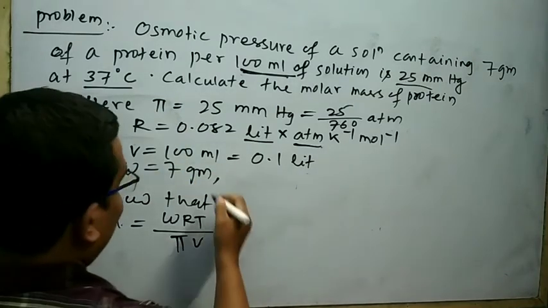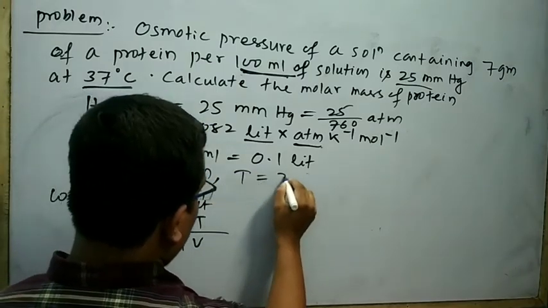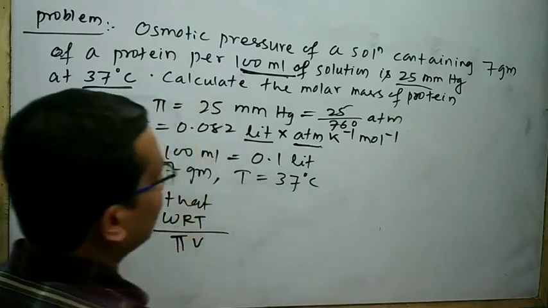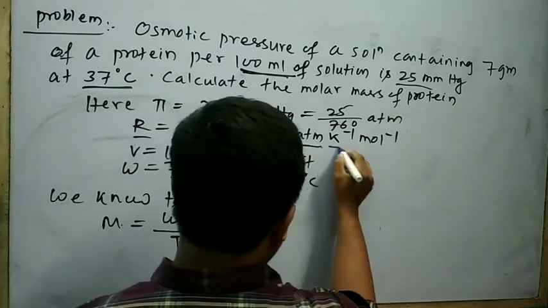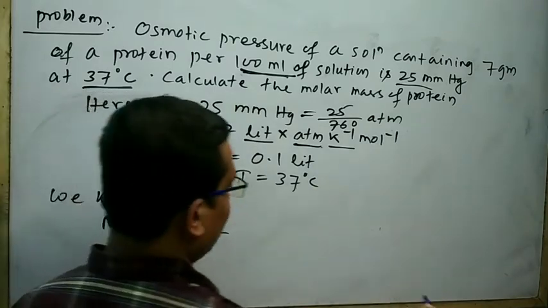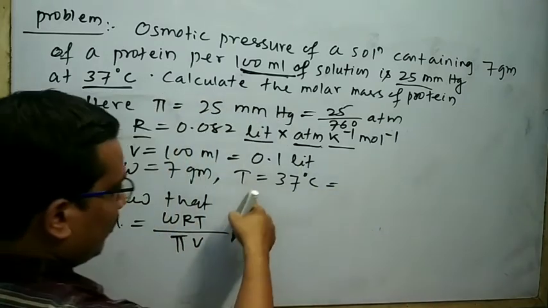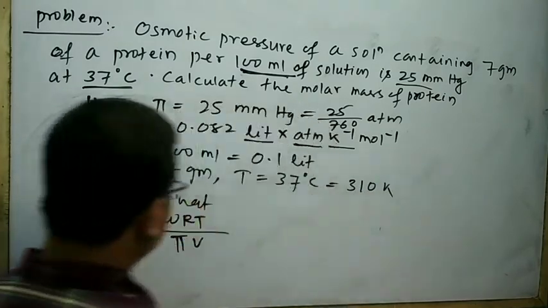The value of T is 37 degrees centigrade. Since R is written in terms of Kelvin inverse, we convert degree centigrade into Kelvin. That means T equal to 37 degree centigrade equal to 310 Kelvin.